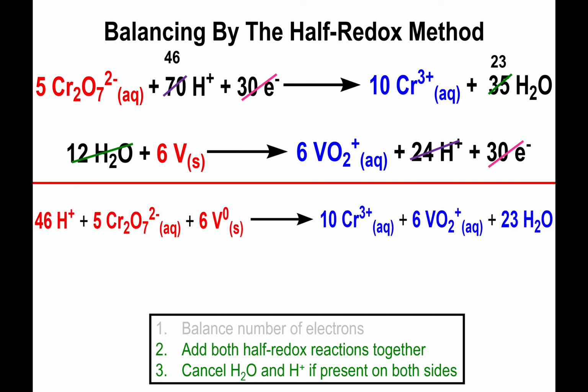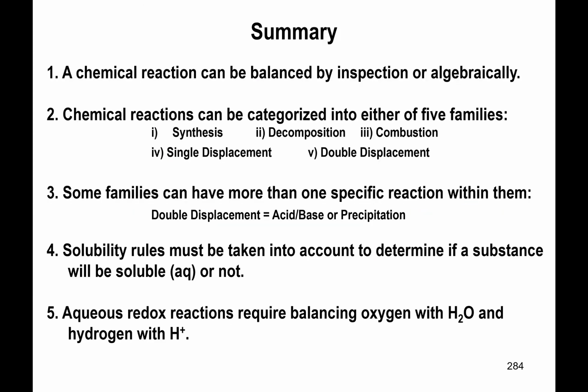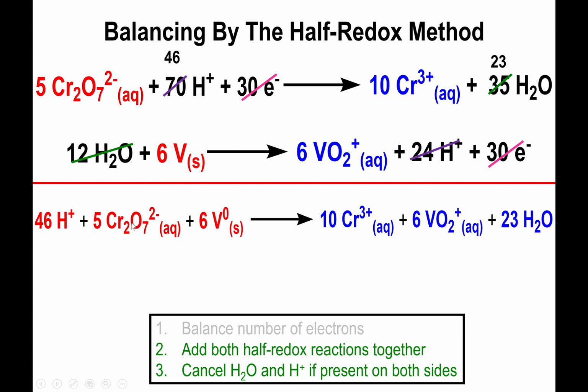And this is the complete balanced equation. You can look at the charges to make sure that this has all the proper formats. But if you add up the charges on the left side of the equation and the charges on the product side of the equation, you'll find out that the charges are balanced. So this is how to balance a redox reaction using the half-redox method.